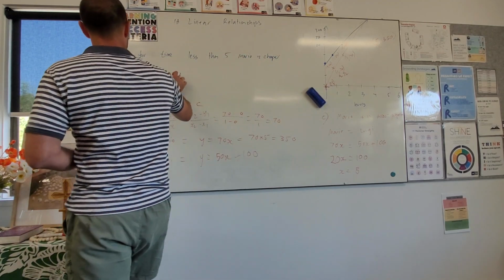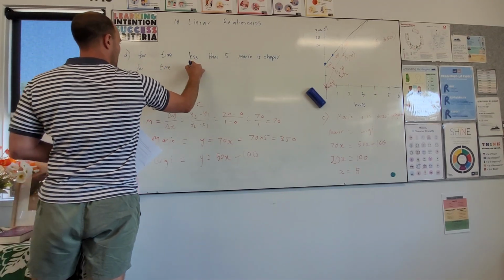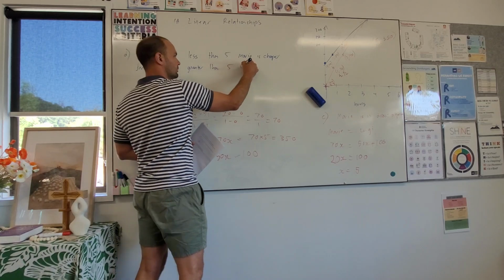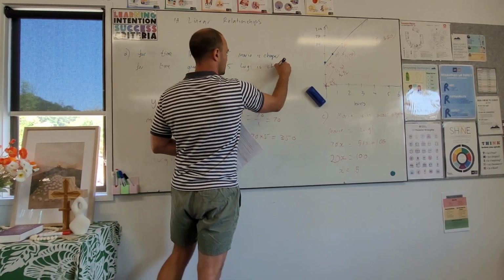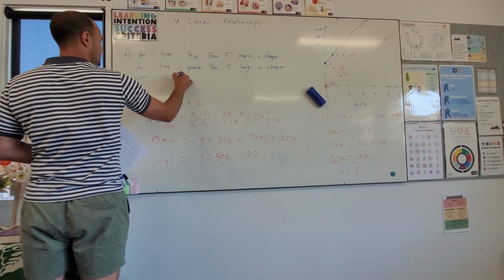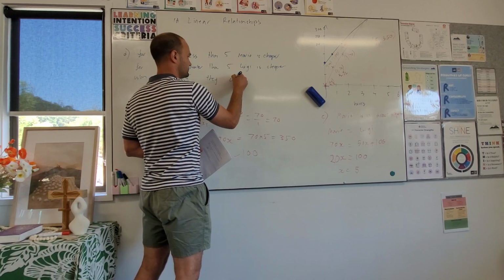And for time greater than 5, Luigi is cheaper. When time equals 5, they cost the same.